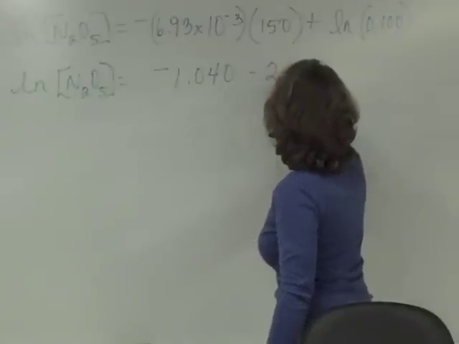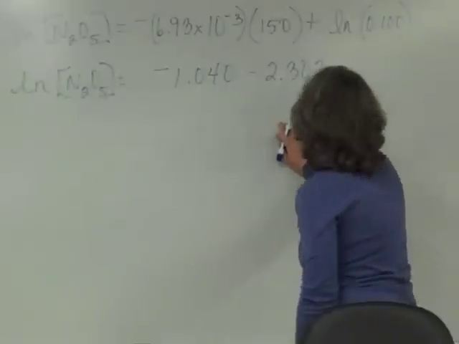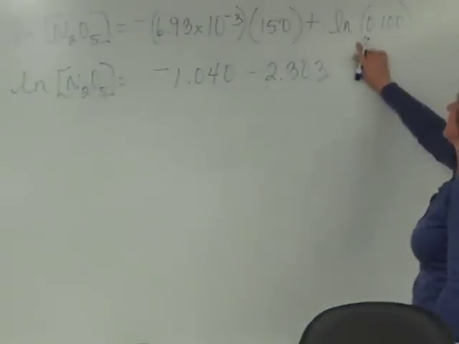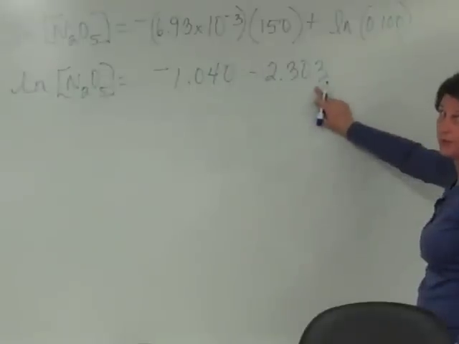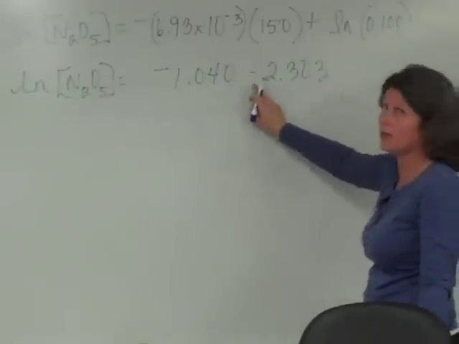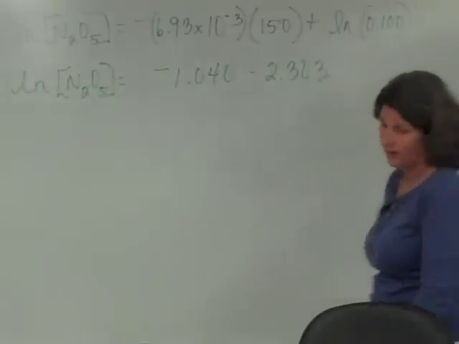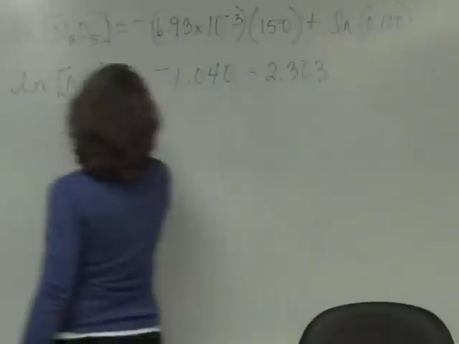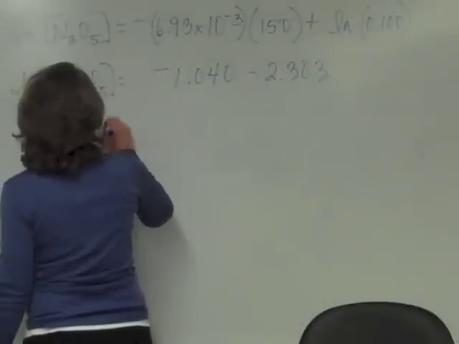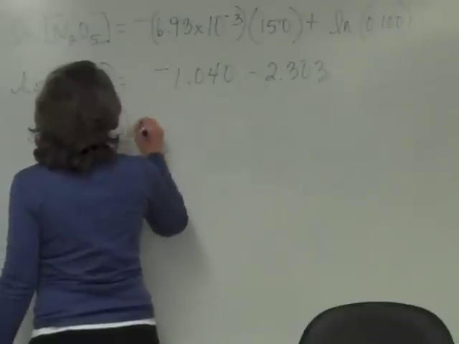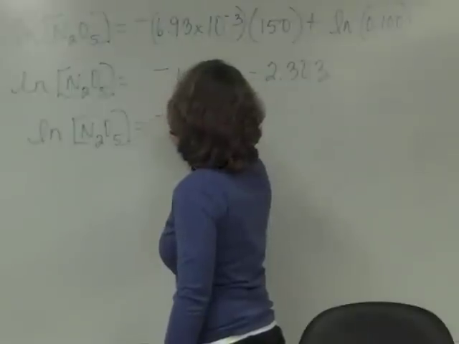Minus 2.303. Because the natural log of 0.100 is negative 2.303. Okay, so that's why I just made it minus 2.303. All right. So we end up having the natural log of the concentration that we're looking for is equal to negative 3.34.